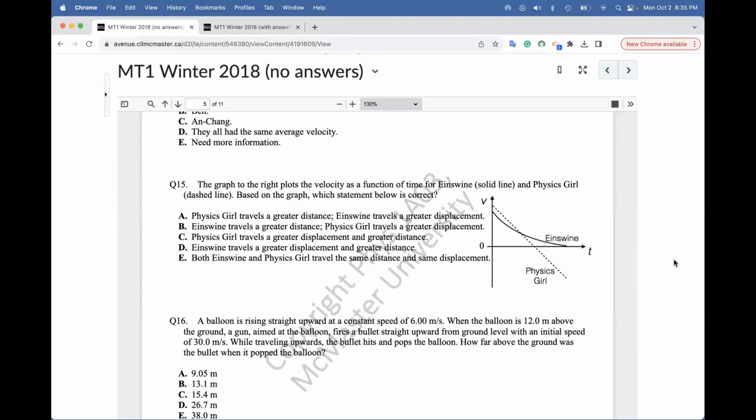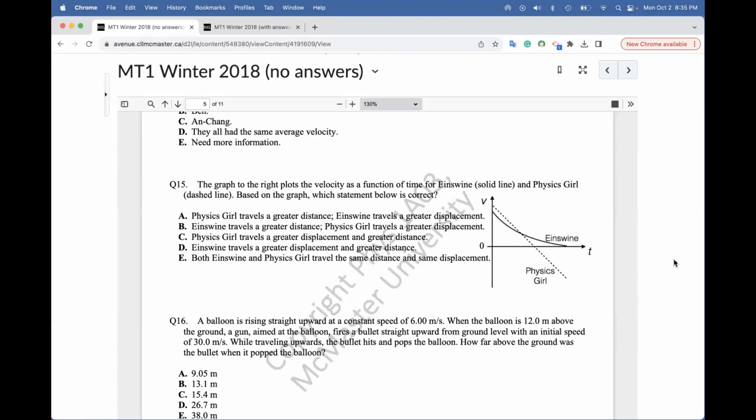Yes, because distance is. So for distance, we kind of have to break it up into the portions, right? There aren't any numbers given here. But the distance for the first portion, the area is greater for physics girl. I believe that would be correct.